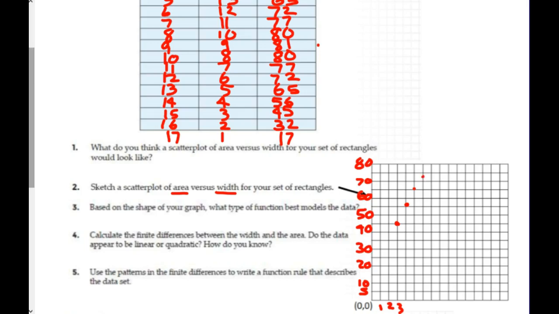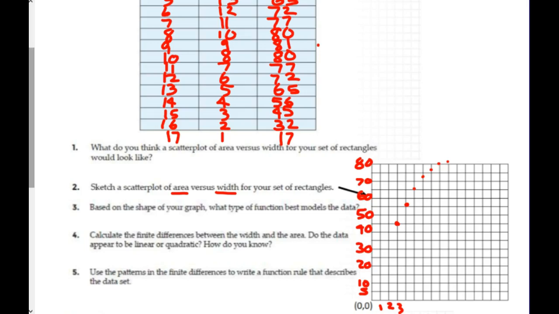A little bit above 70. 7, 77, above 75. 8, 80, right there at the top. 9, 81 is right above that. And then the numbers go back the same way. We're not doing checkers. We're not sleeping, right?